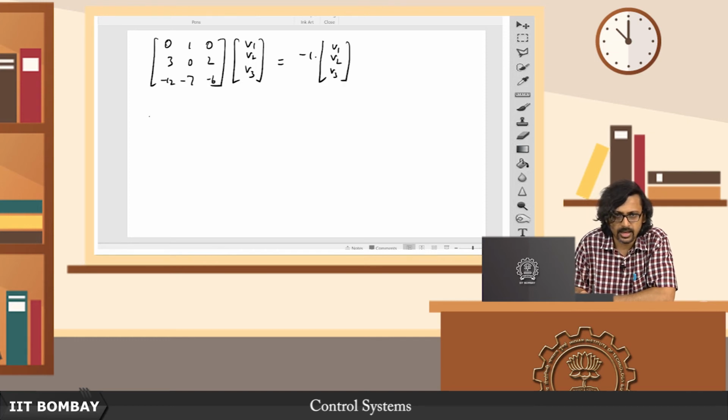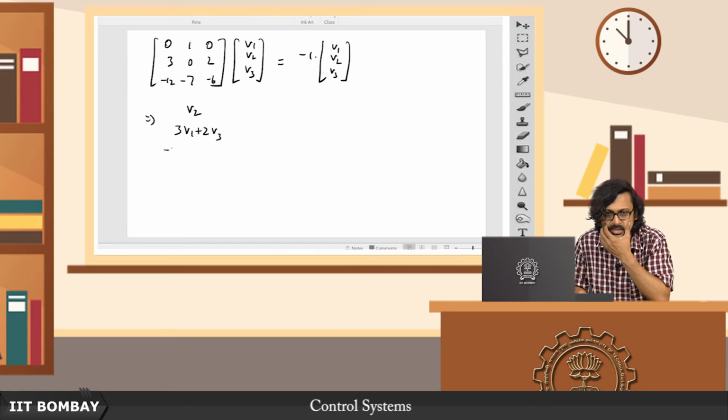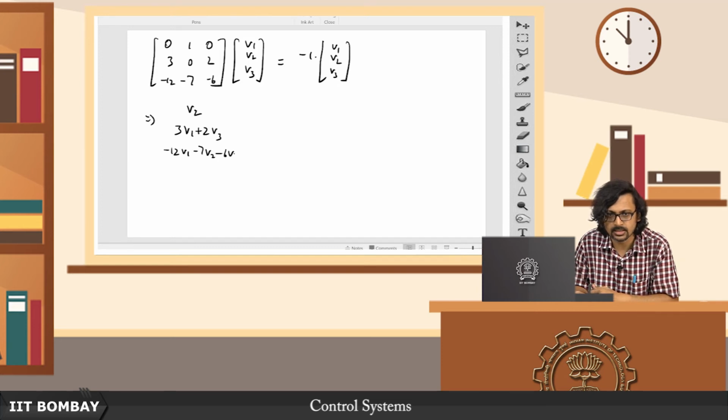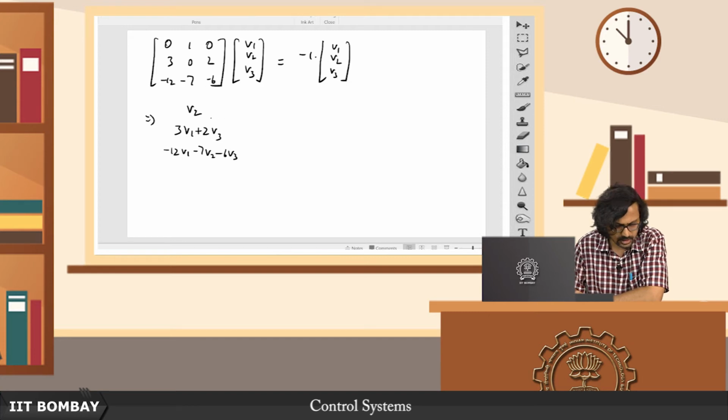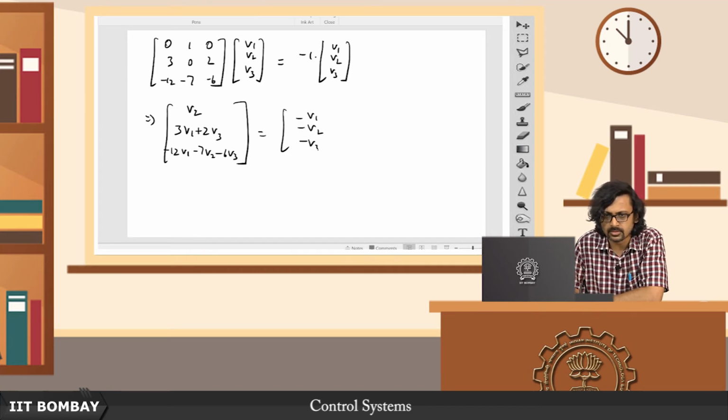When I operate 0 1 0 on this, I get v2. Then I have 3v1 plus 2v3, and finally -12v1 -7v2 -6v3, and that is going to be equal to -v1 -v2 -v3.